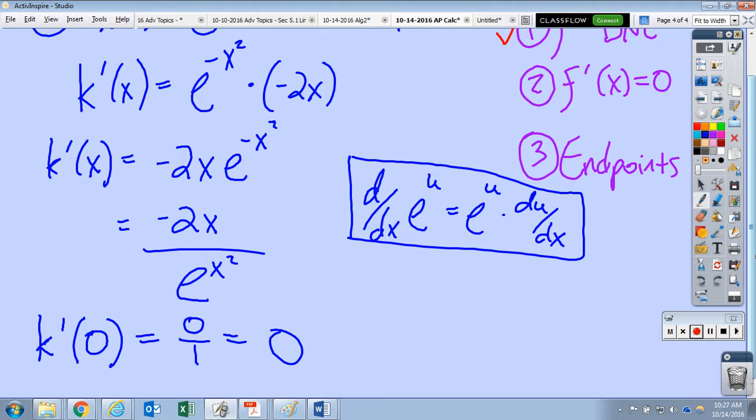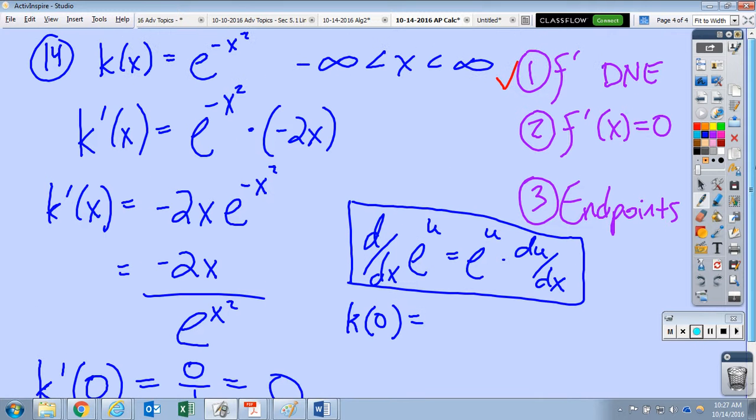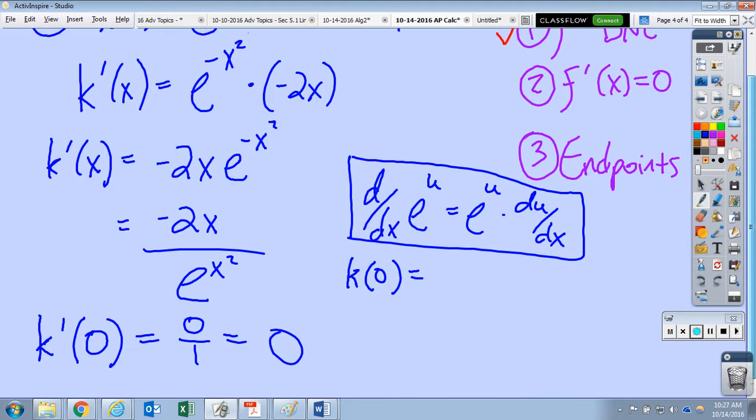So what is k of 0? k of 0 is e to the 0, which is equal to 1. So this is one of your local extreme values, and so far that's the only one we found.